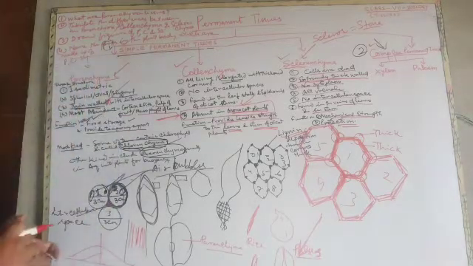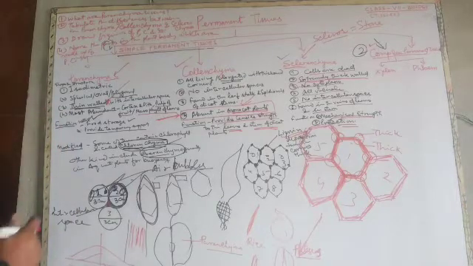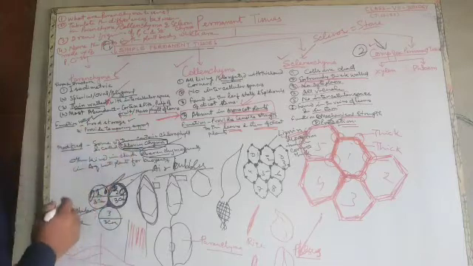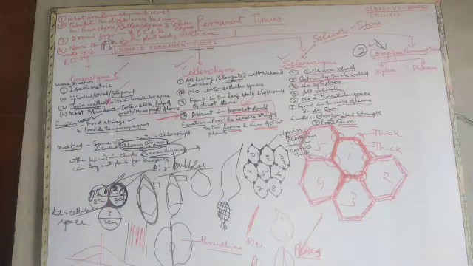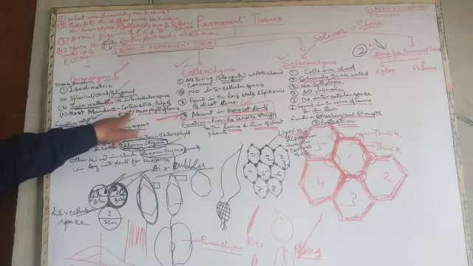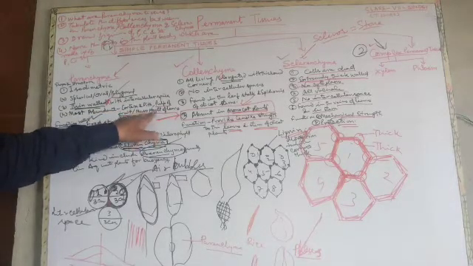In each case, for parenchyma you will write where you will find food storage, means in the fruits and mesophyll, these parts: cortex, pith, pulp of fruit, mesophyll, right?